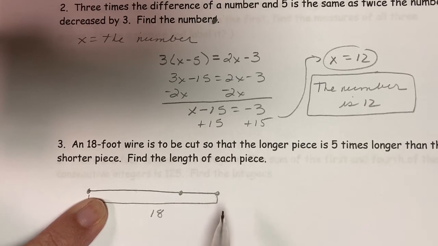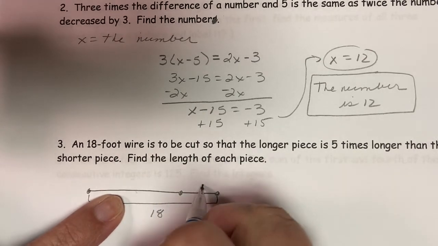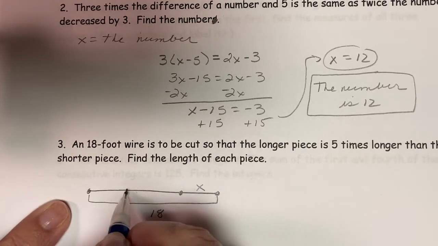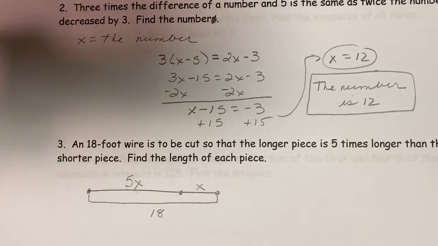Here, not so much, but something always has to be x. Well, let's see. It says the longer piece is 5 times longer than the shorter piece. Hopefully you see that that means that the shorter piece is going to be our x. Our longest piece is 5 times that, which would be 5x. So we have just defined our variable.